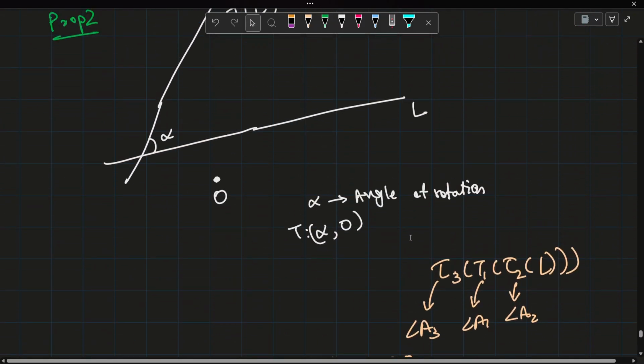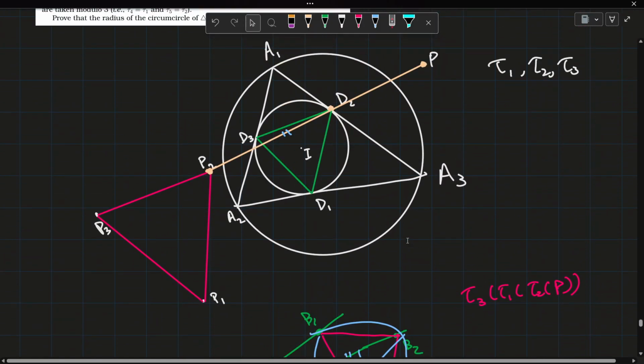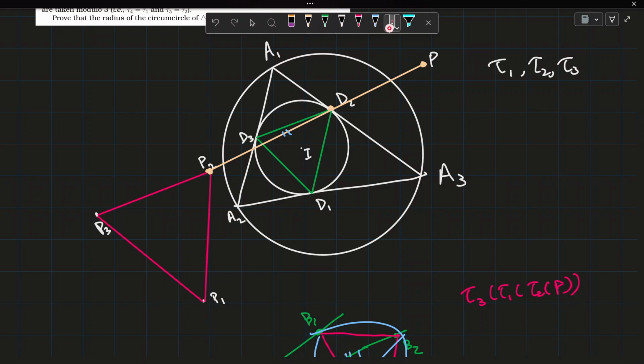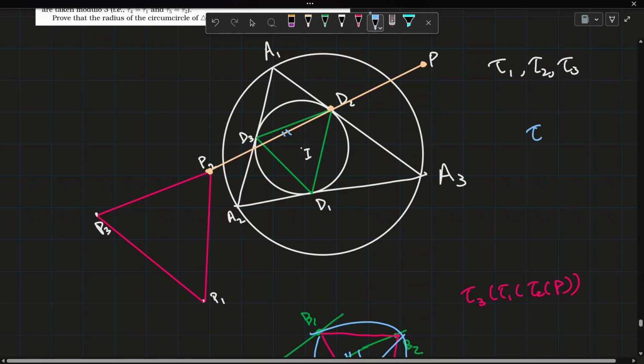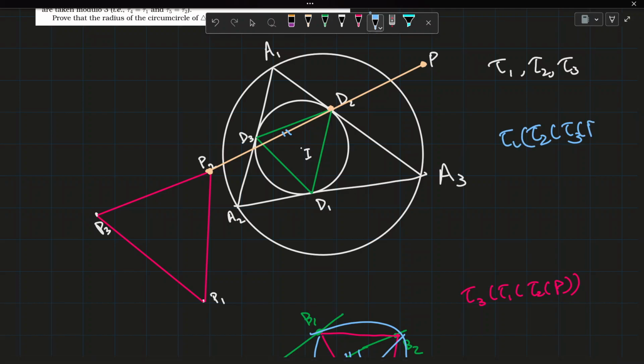Okay, so now let's return to the original diagram I had. Suppose this is the point P and these are points P1, P3 and P2, and let's consider what happens to the point P2. Okay, we know that under the transformation tau 2 of tau 3 of tau 1, the D2 point will remain fixed at D2.